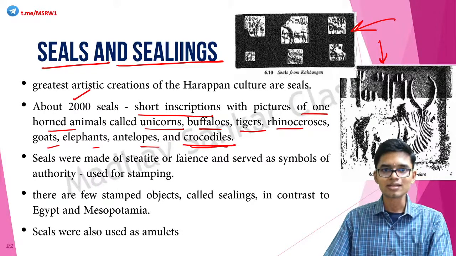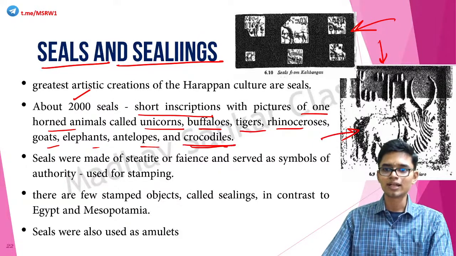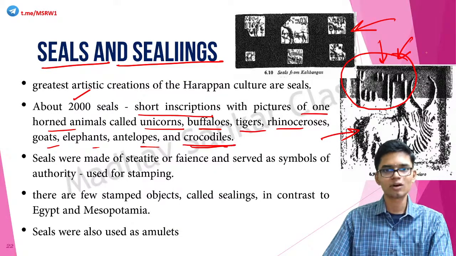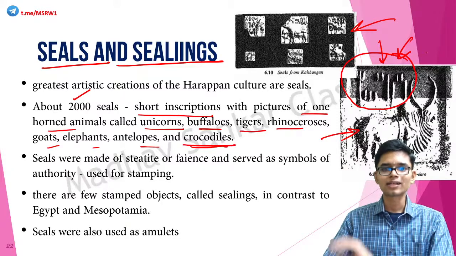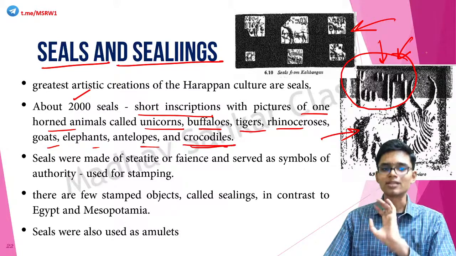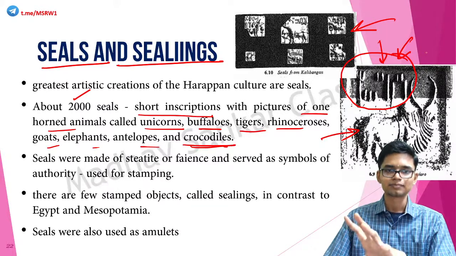Each of these seals has some kind of an animal, and there is also some pictographic inscription that represents something. We are not able to identify what it is. But either way, almost all of them have an animal and some kind of inscription. This is a common pattern in Harappan seals.